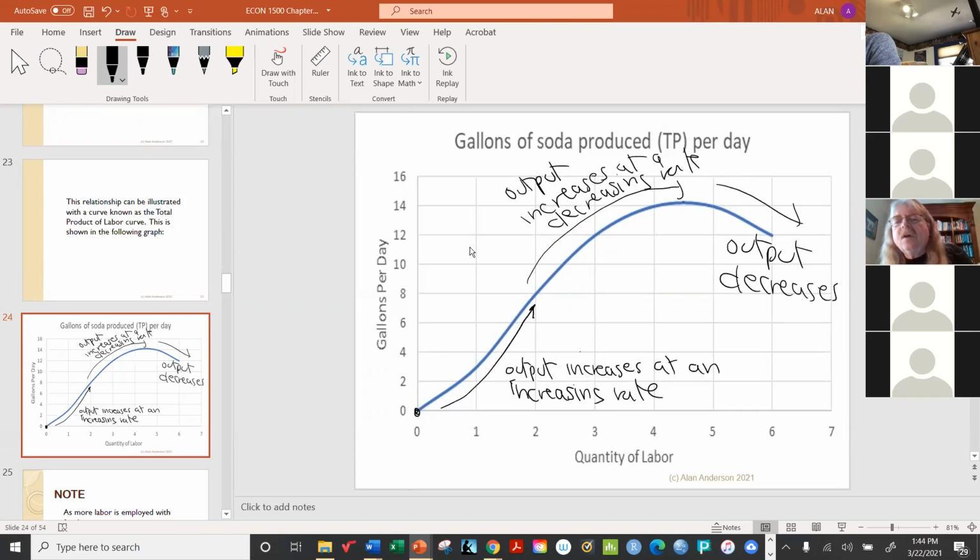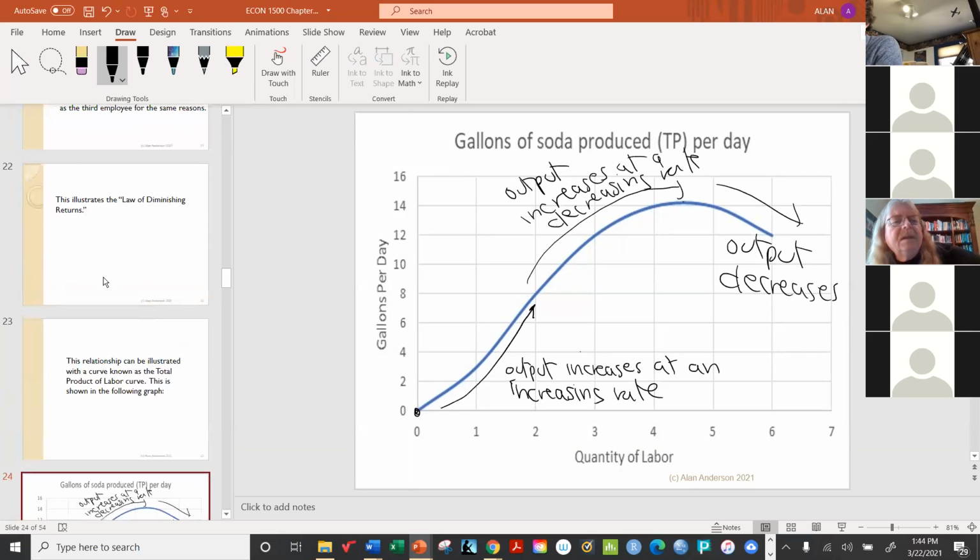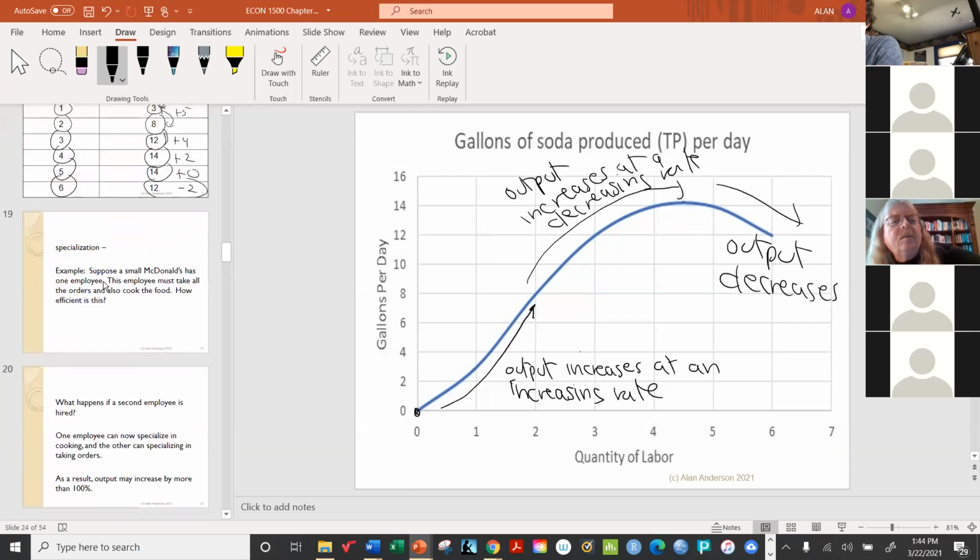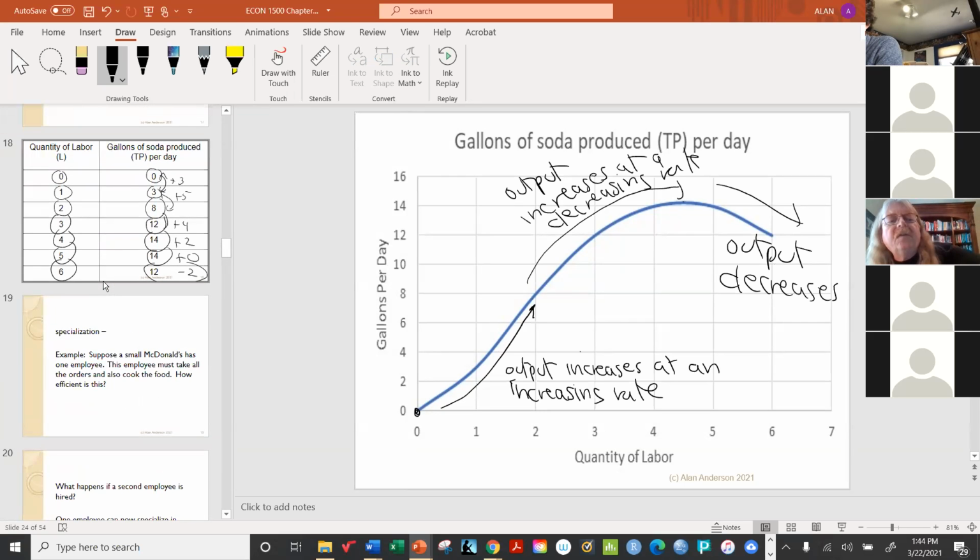So that means we're not going to go past this point, even if the labor is free. We're not going to actually hire the sixth worker because they're actually reducing our output through no fault of their own. We peak out at 5 workers.